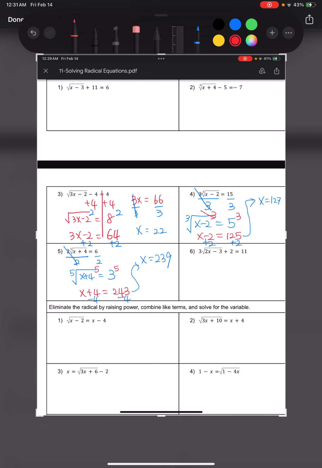Try this on your own and then check your answer. You're done and you're ready to take the quiz.